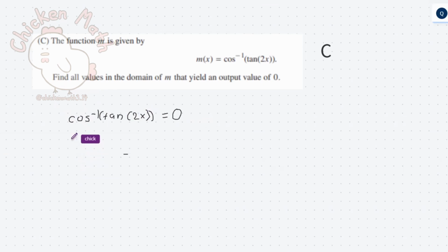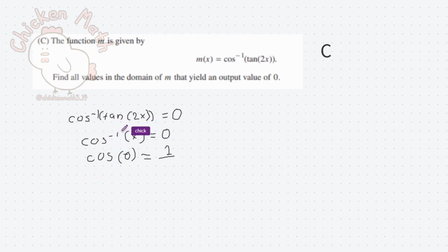So we need to recall our inverse rules for this, and let's figure out when arc cosine of x itself is equal to 0. So if we think back to our inverse rules, this is the same thing as saying, what is cosine of 0 equal to? And from the unit circle, we should know that cosine of 0 is just equal to 1. So this means that arc cosine of 1 is equal to 0.